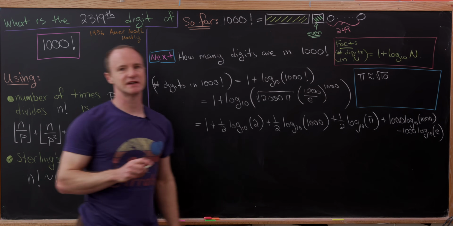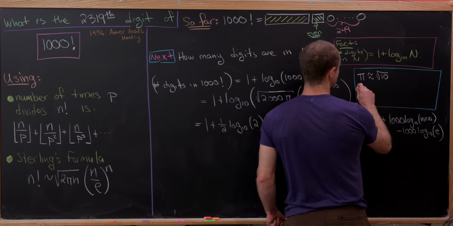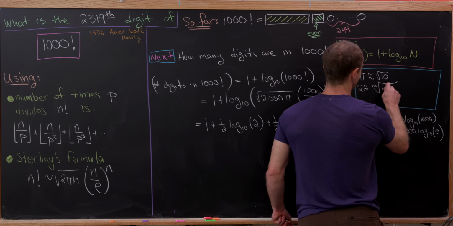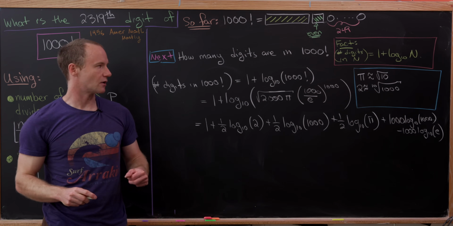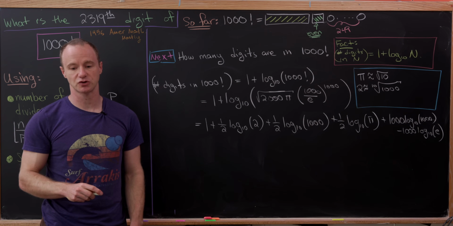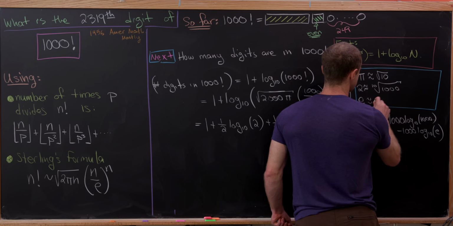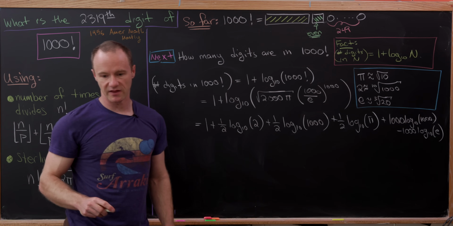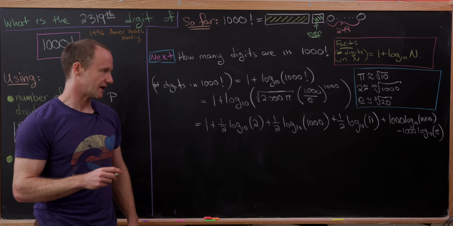That makes sense because pi squared seems like it should be close to 10. And 2 is approximately equal to the 10th root of 1,000, because 2 to the 10 is 1,024. And similarly, e is approximately equal to the cube root of 20. You can check that e cubed is around 20.